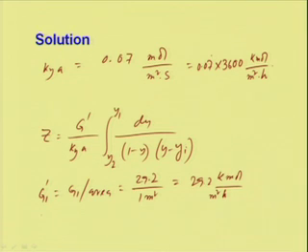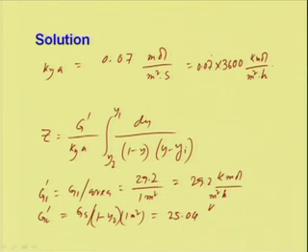Now, G2 dash is equal to Gs divided by (1 minus y2) into 1 meter square, which is equal to 25.04 kmol per meter square hour.